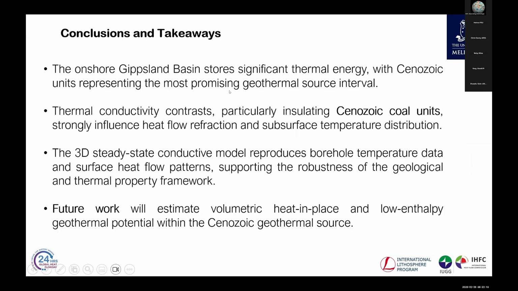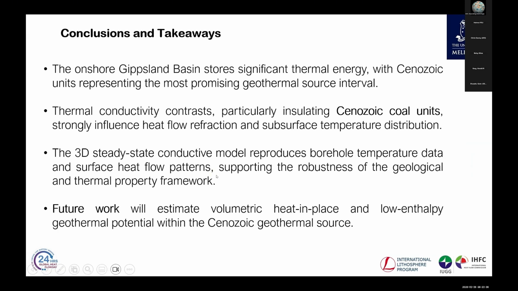So, conclusions and takeaways. The onshore Gippsland Basin stores significant thermal energy, with the Cenozoic units representing the most promising geothermal source rock. Thermal conductivity contrasts, particularly the Cenozoic coal units, strongly influence heat flow refraction and subsurface temperature distributions.